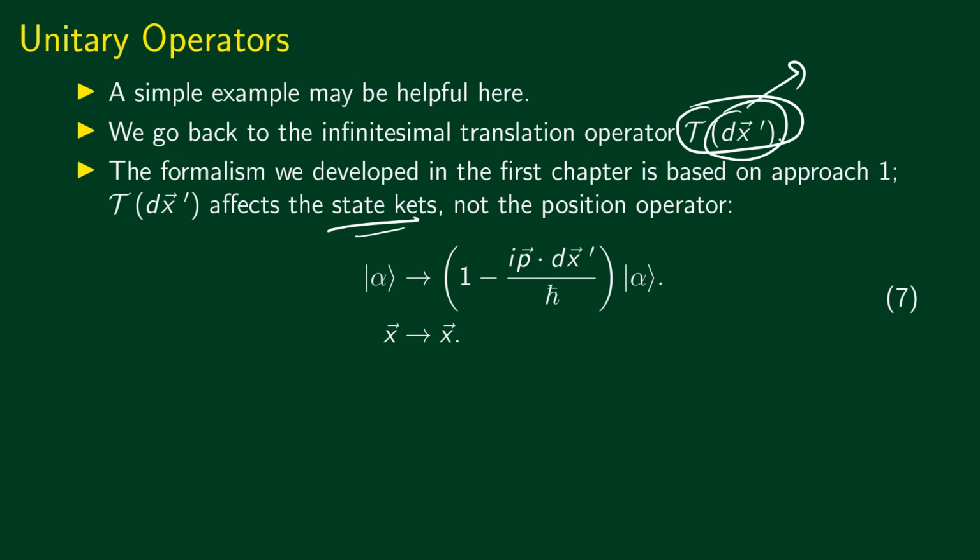So we see that ket alpha goes to the infinitesimal translation operator acting on ket alpha, and operator x remains the same. So this is approach 1.